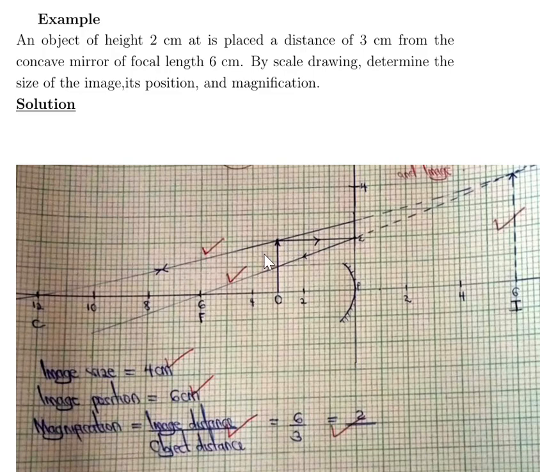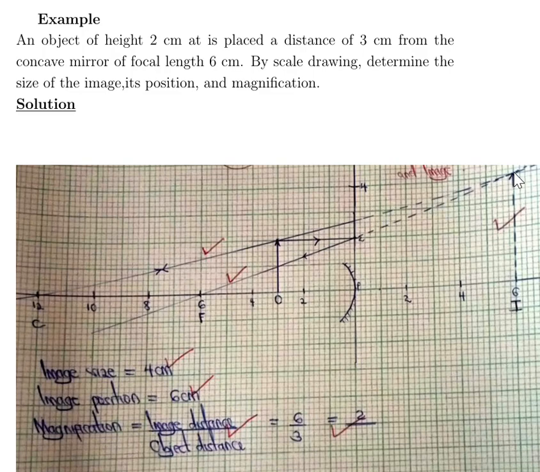Going back to our guidelines, a ray of light that is close and parallel to the principal axis is going to be reflected through the focal point. However, this ray is going to appear as if it is coming from this other side in a straight line. The other guideline is that a ray of light going through the center of curvature is going to be reflected back along the same path.